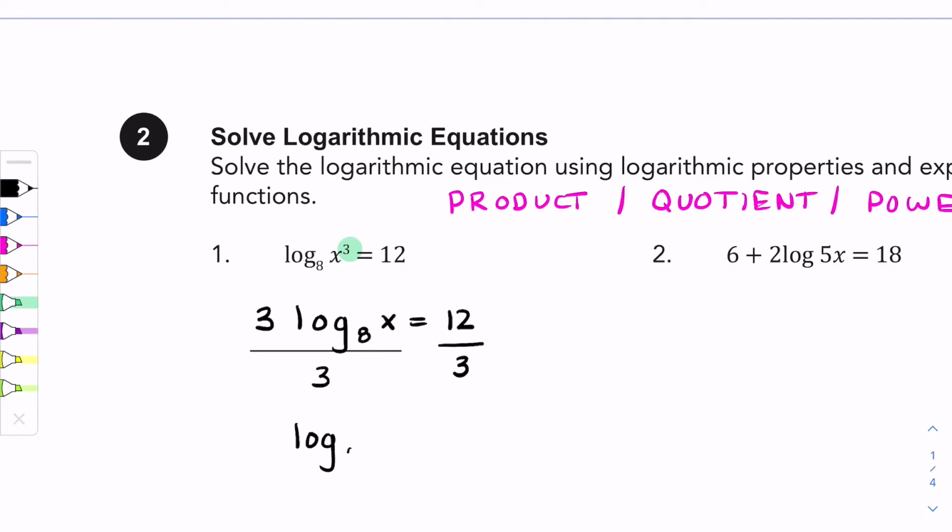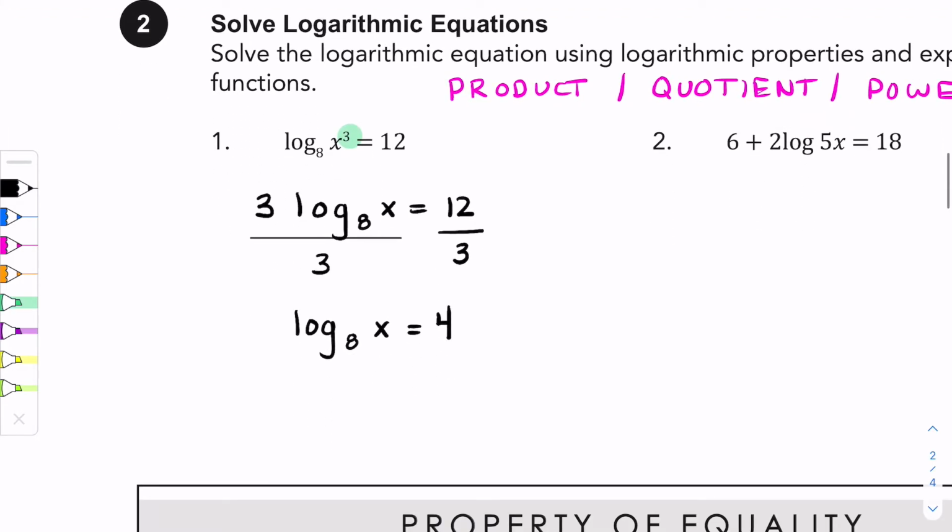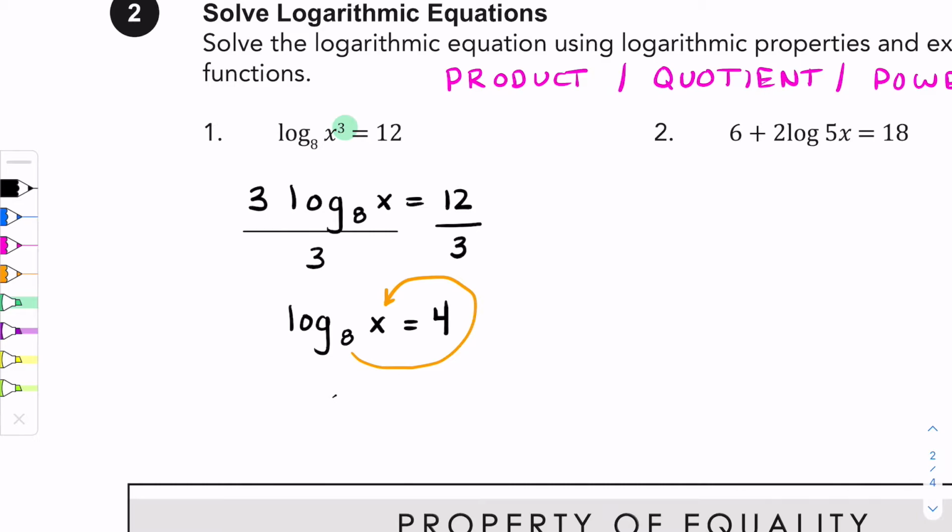This gives me log base 8 of x is equal to 4. At this point, you solve it the same way that we've been doing these. So we started this a couple days ago, where you do the loop method and you convert to exponential form, and then you solve. This becomes 8 to the 4th is equal to x, and 8 to the 4th is 4,096. You just have to type that into your calculator. You don't have to do anything else with that number.